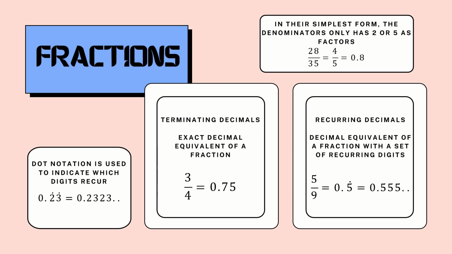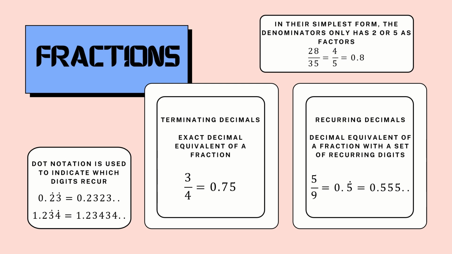So 0.23 with the dots equals 0.23232323, and it will continue with no end. And the second example is 1.234 with just the 3 and 4 having the dots.